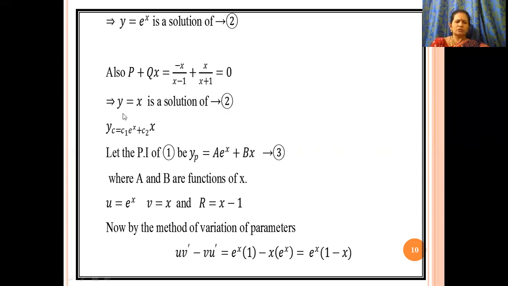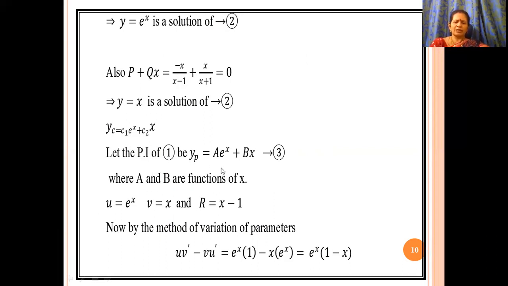So this is also a complementary function. From that, one complementary function is y is equal to e power x, and another one is y is equal to x. According to that, we can write down yc as c1 into e power x plus c2 into x. Next we go to the particular integral.